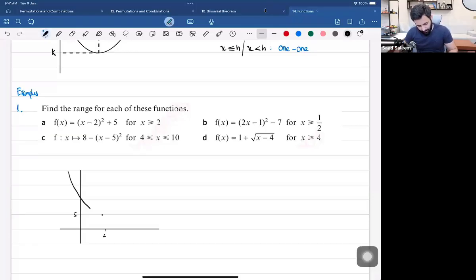Notice that I'm least bothered with the scale. I'm just making a rough sketch, just getting the turning point right. Now, the domain is x greater than or equal to 2. That means we're only looking at this part of the curve, and if you're only looking at this part of the curve, it becomes a one-to-one function.